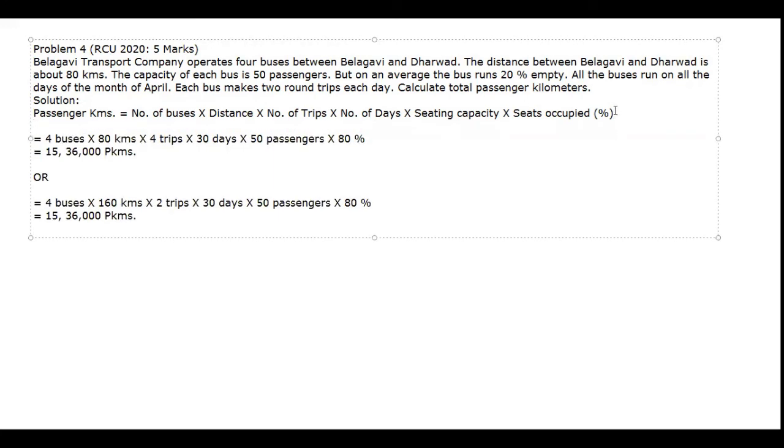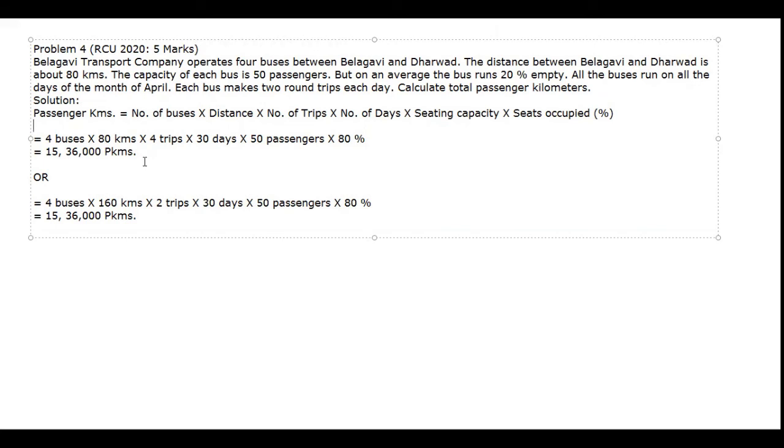See, now you can see here, according to the formula: number of buses into distance into number of trips into number of days, sitting capacity and seats occupied. Buses are 4 buses, it's given in the problem. So here it is 4 buses, 80 kilometers. The distance between Belgavi and Dharwad is 80 kilometers.